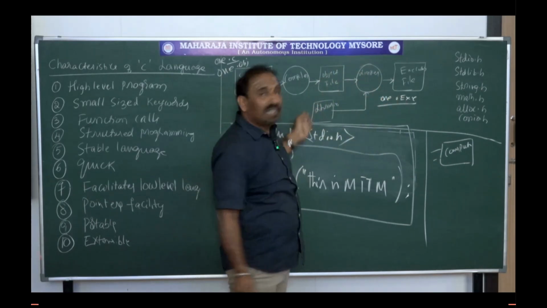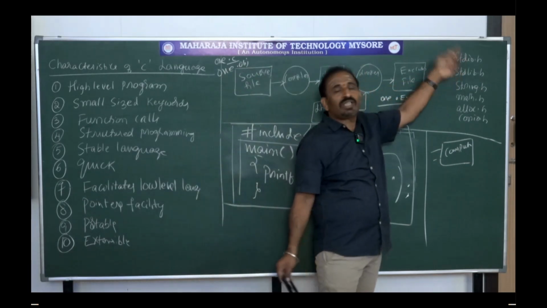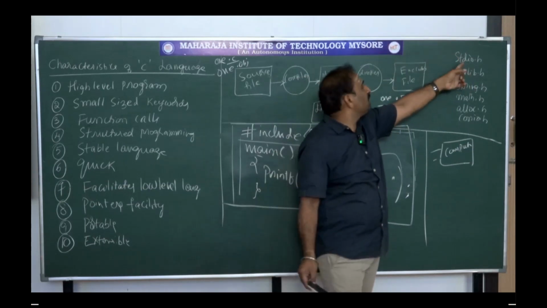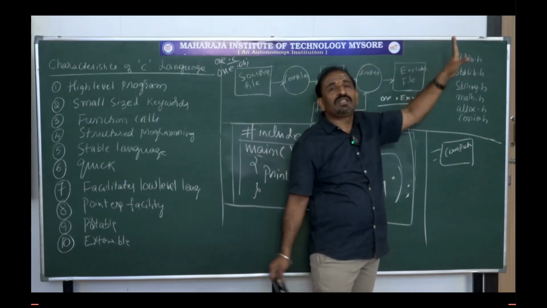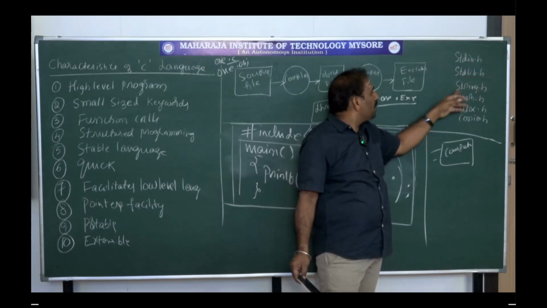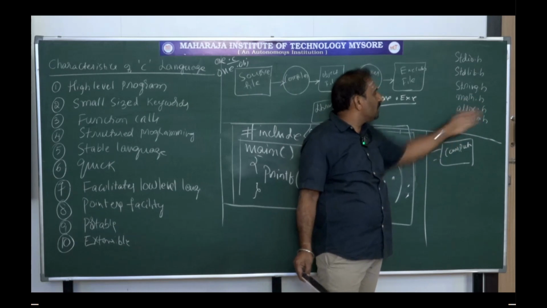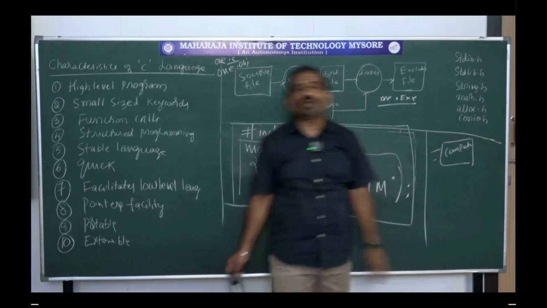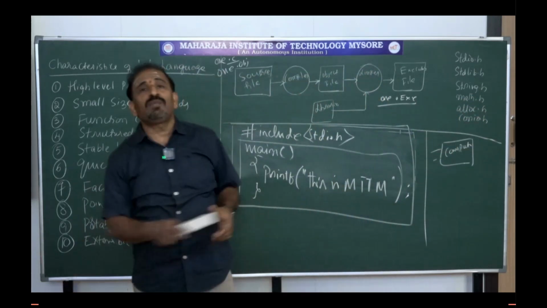Like this, there are very popular header files, called libraries, like stdio.h. Usually you have to use stdio.h as a default header file, then stdlib.h, string.h, math.h, alloc.h, conio.h. These are some of the libraries you will be using.